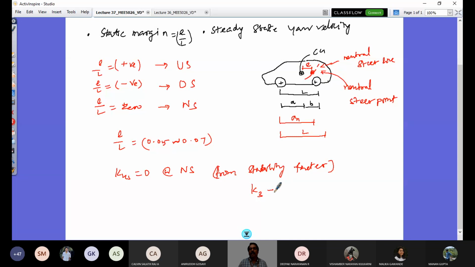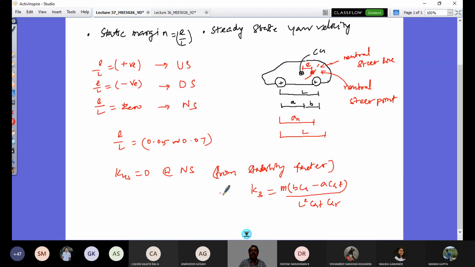From your characteristic equation, you are able to get it by applying Routh's stability criterion. So that is M into (B C alpha R minus A C alpha F) by L squared C alpha F C alpha R. This is what you have written.